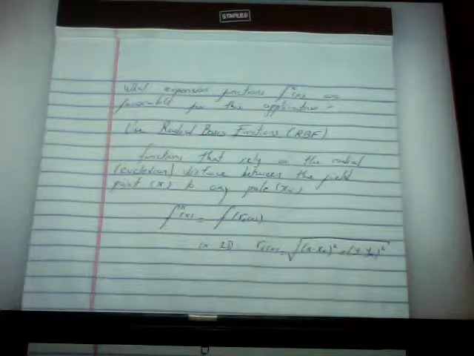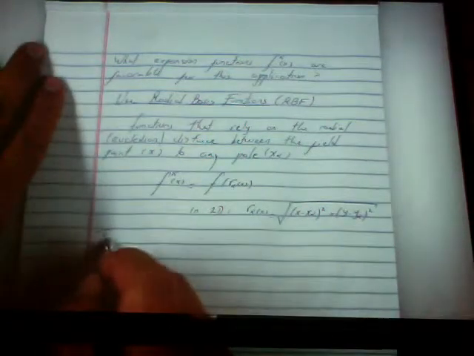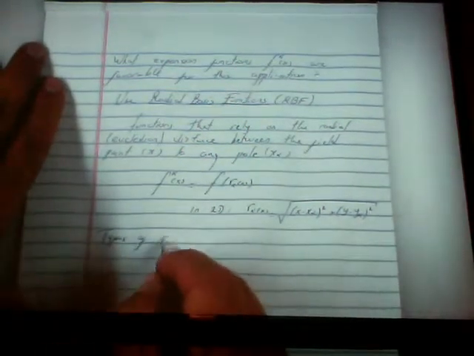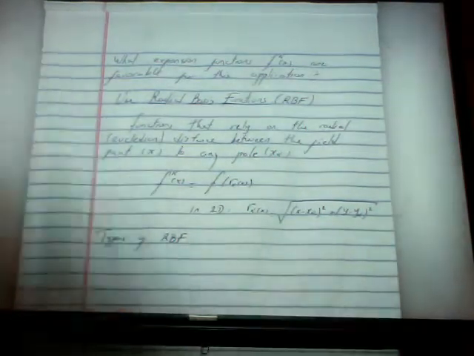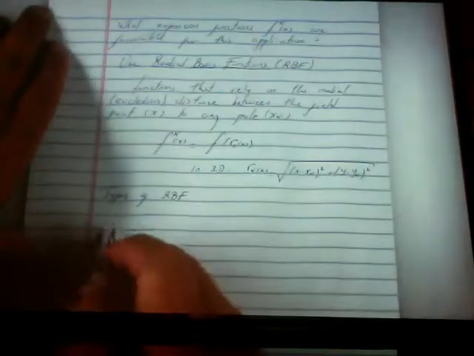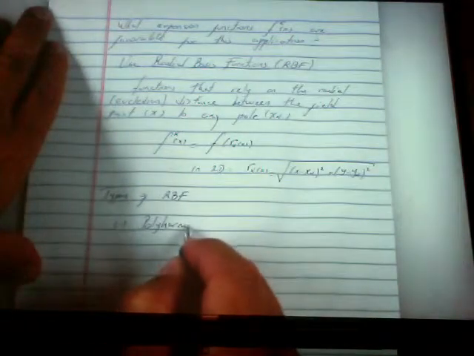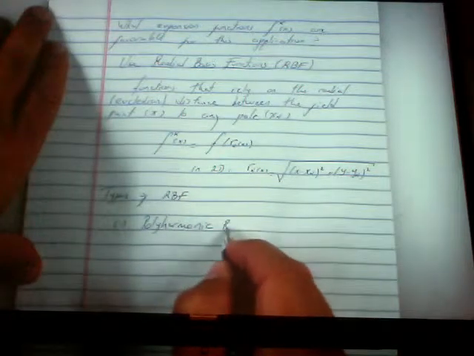Okay, so there's a few classes of RBF, types of RBF. Ones are called the polyharmonic RBF.